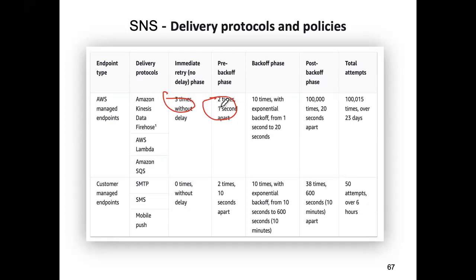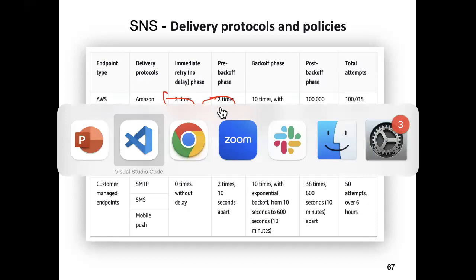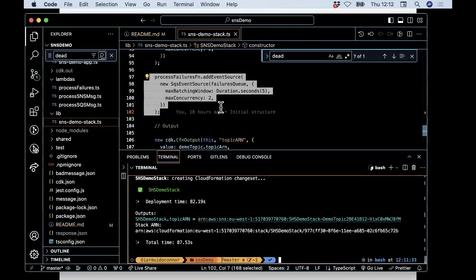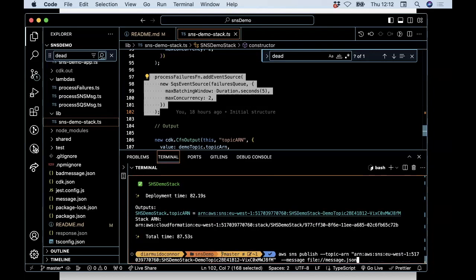But then what happens to my message? What I want to happen to my message is I want it to go into a dead letter queue. Now we'll deal with how we configure the dead letter queue in a moment, but I just want to prove the 5 retries that SNS will try and do. So my stack is deployed, and I want to send the bad message.